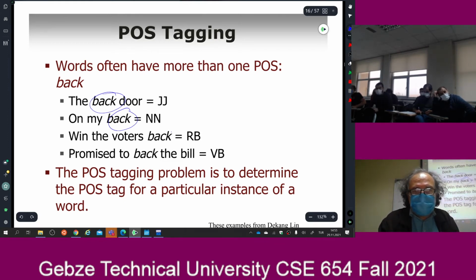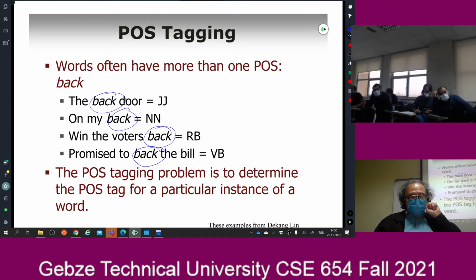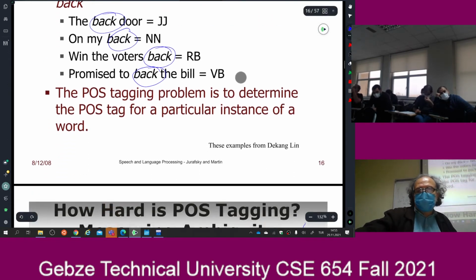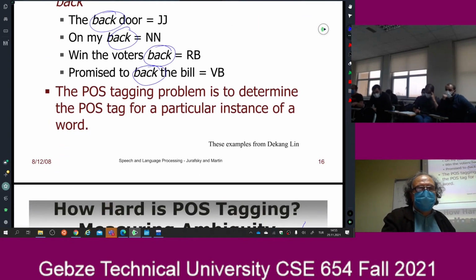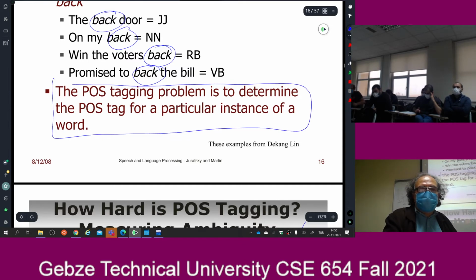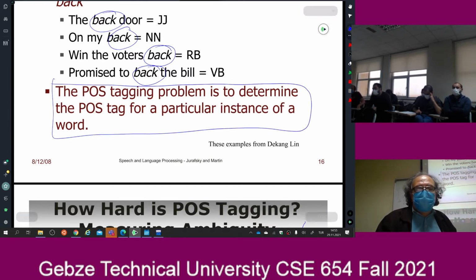Win the voters back is an adverb, and promise to back the bill is a verb. Four different tag classes for the word back. If the word is a popular, frequently used word, the chance that it belongs to more than 2, 3, 4 classes is higher. And this is our basic problem: determine which class back belongs to given the context.